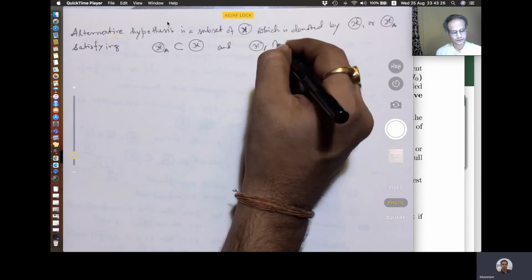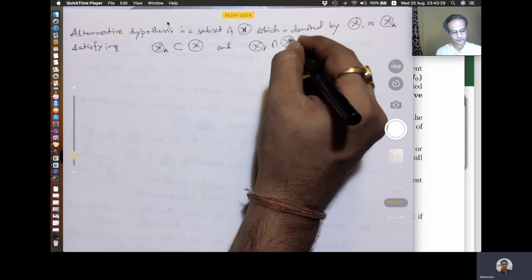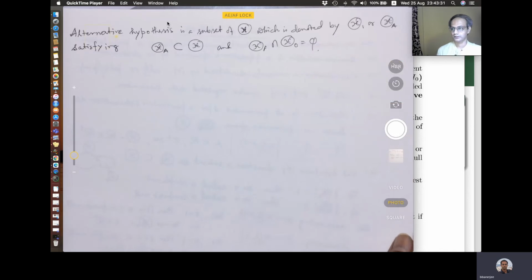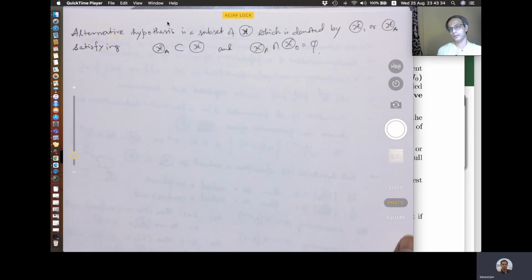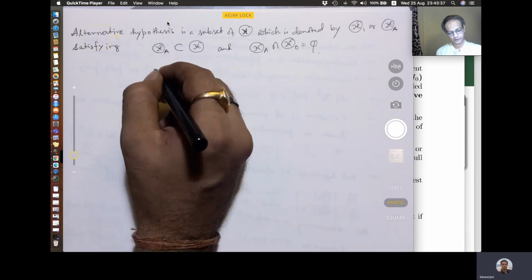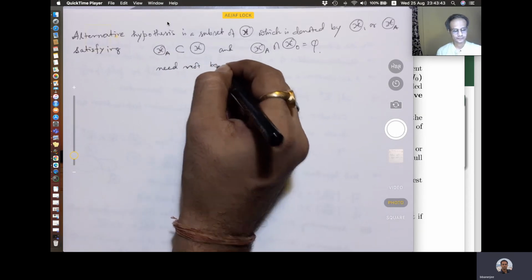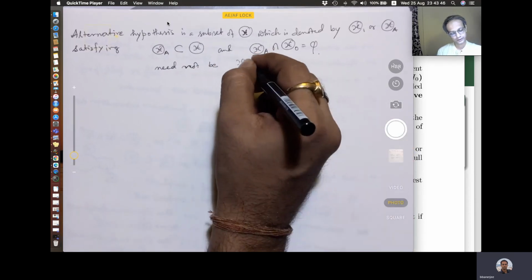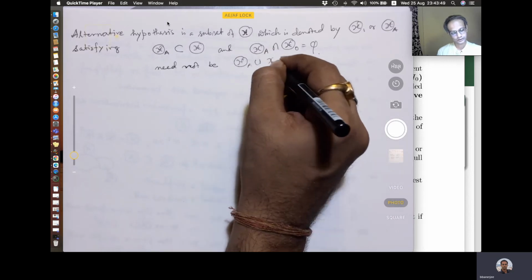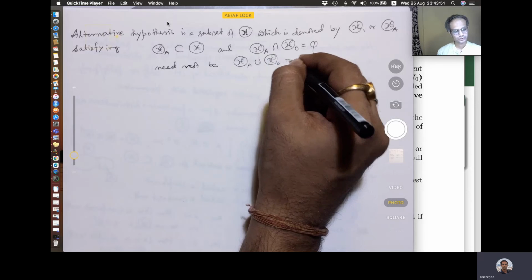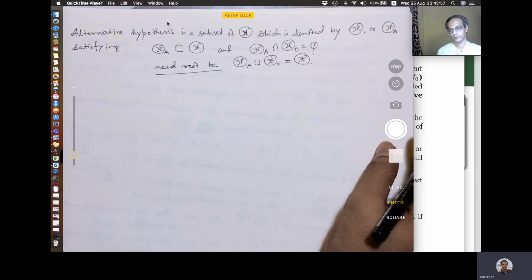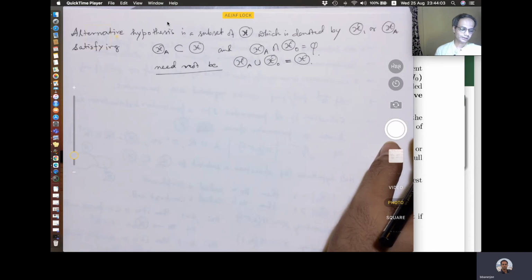Theta A intersection theta naught is agnostic. It need not be that theta A union theta naught equals theta; that need not be true always. It can be, but not necessarily. So this is the basic structure of hypothesis.